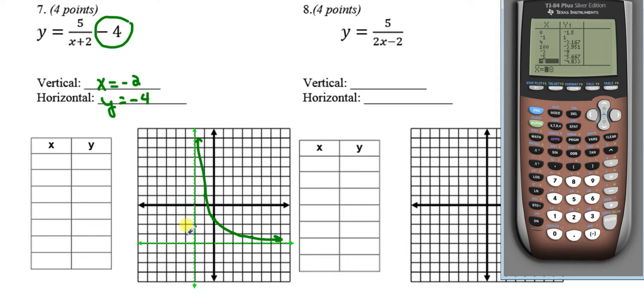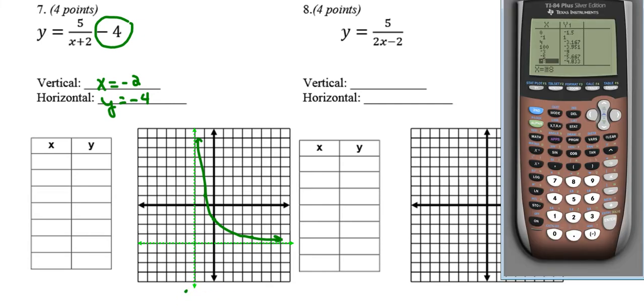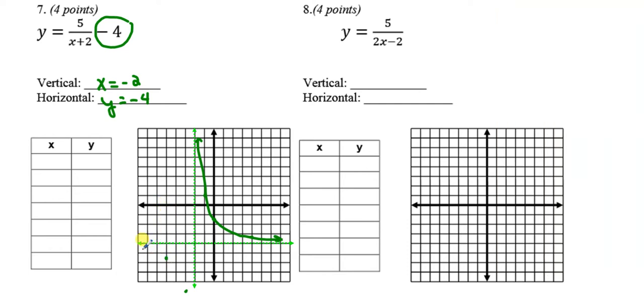Negative 3 is negative 9, so we're way down here. Negative 5, we're right about here, and then we're going to start working our way up this way.